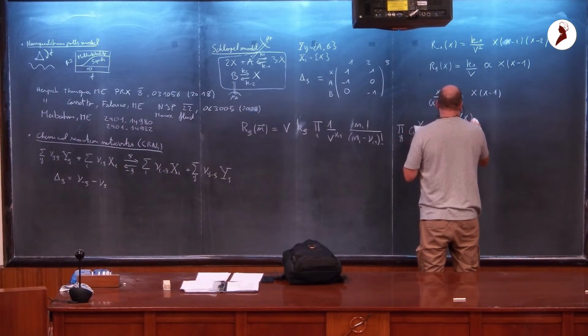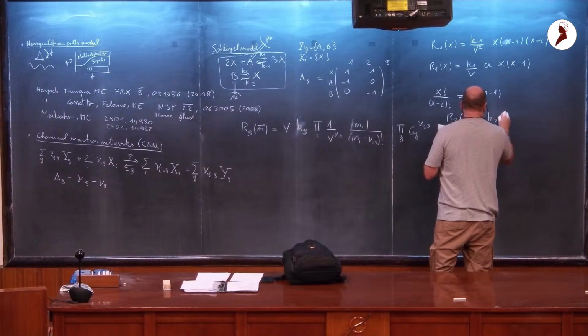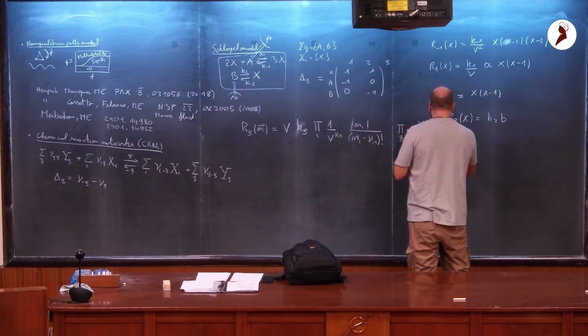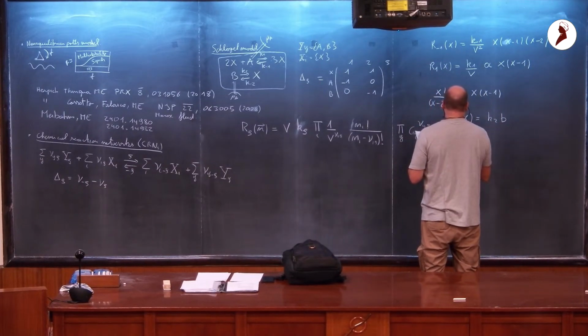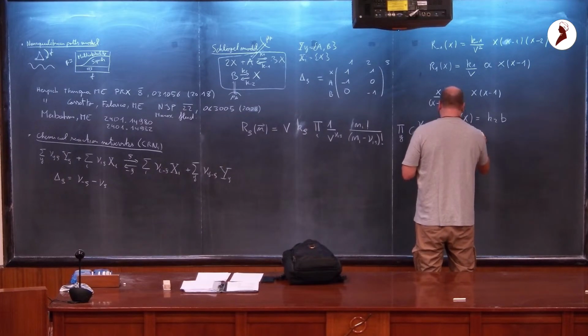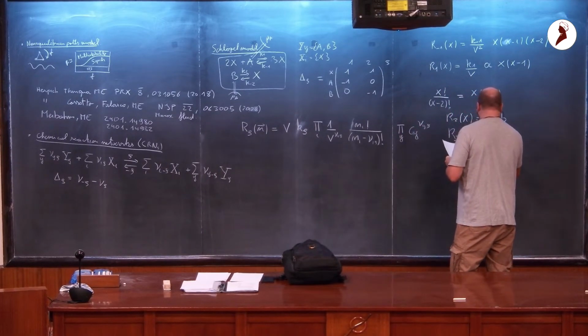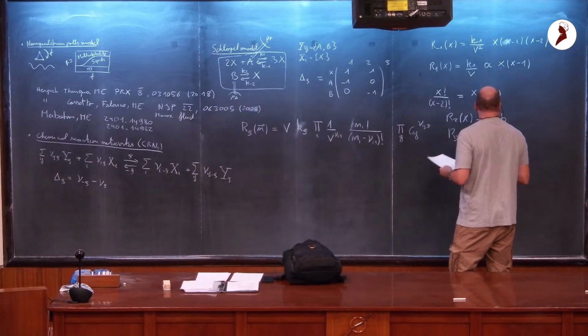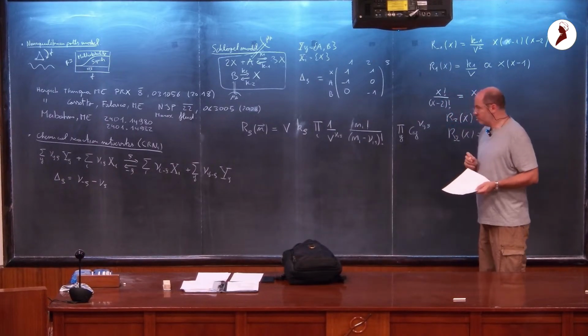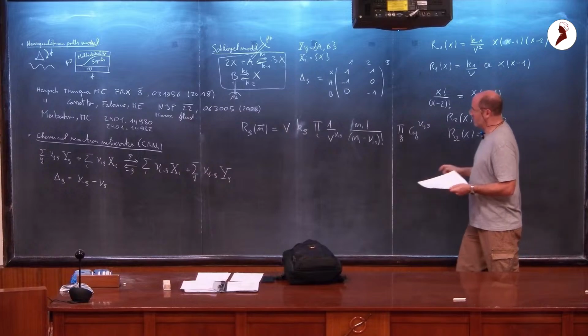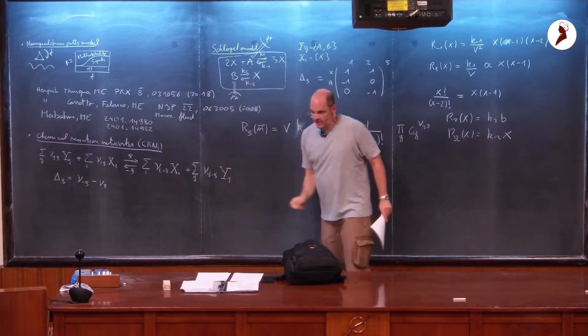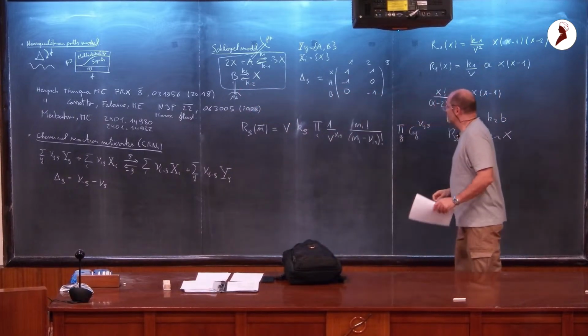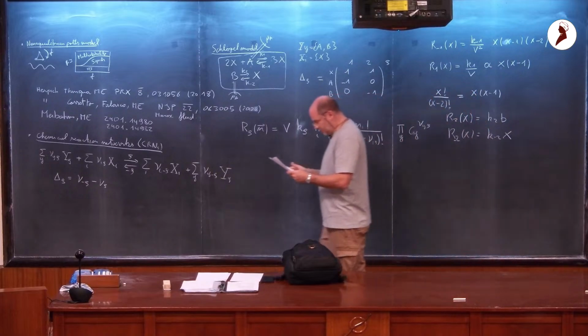R2 of x is k2b, and R minus 2 of x is k minus 2x. These ones are very simple because it's a linear reaction. So that's the general expression.